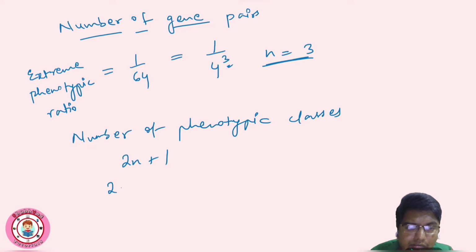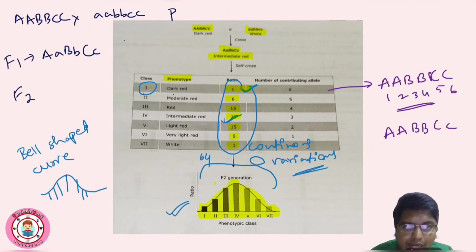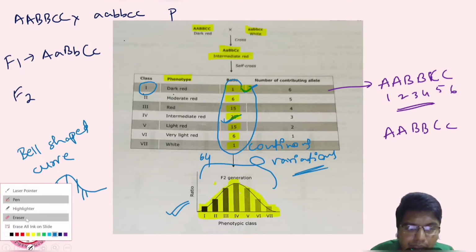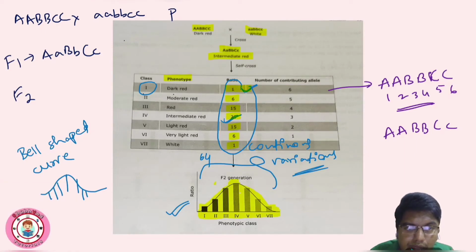Okay, so n is 3. So here comes 7. So 7 are the phenotypic classes, right? Let's see. Correct? Yes. See, we can see here, this is 1, this is 2, this is 3, this is 4, this is 5, this is 6, and this is 7. So 7 phenotypic classes we are seeing. So this is the calculation part.